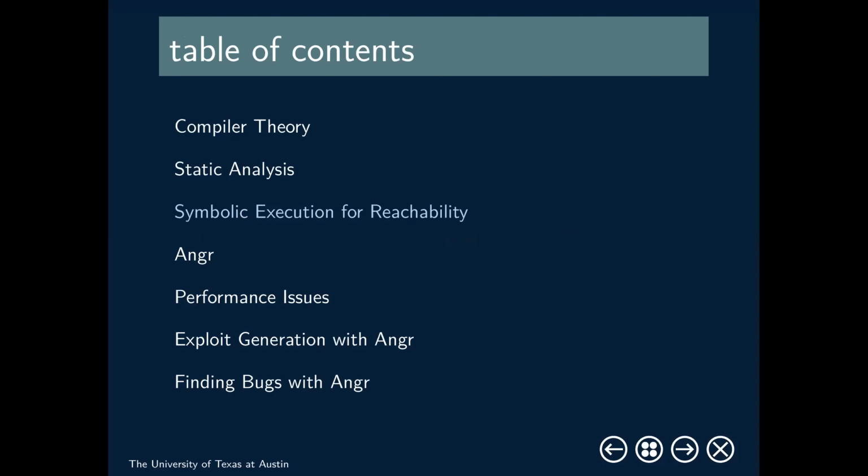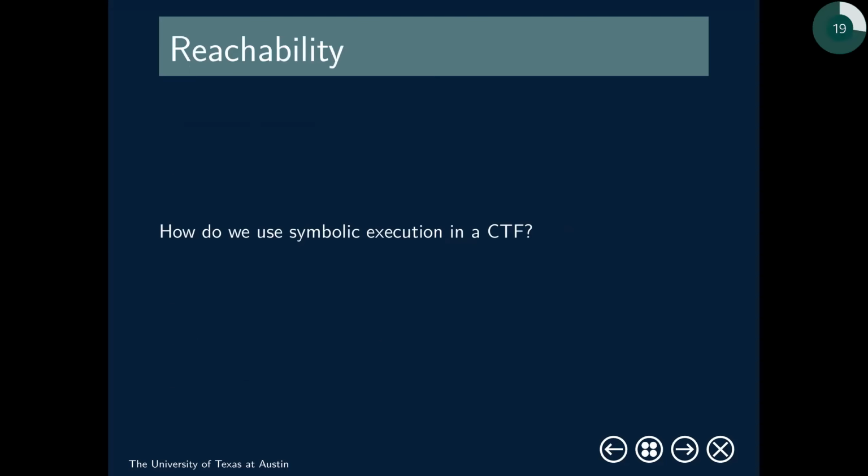So with the symbolic execution out of the way, we can actually talk about what we would use this for in a CTF. So how do we use symbolic execution in a CTF, right? Nobody cares about the theory stuff. Everybody just wants to know, how do I solve a problem with it?